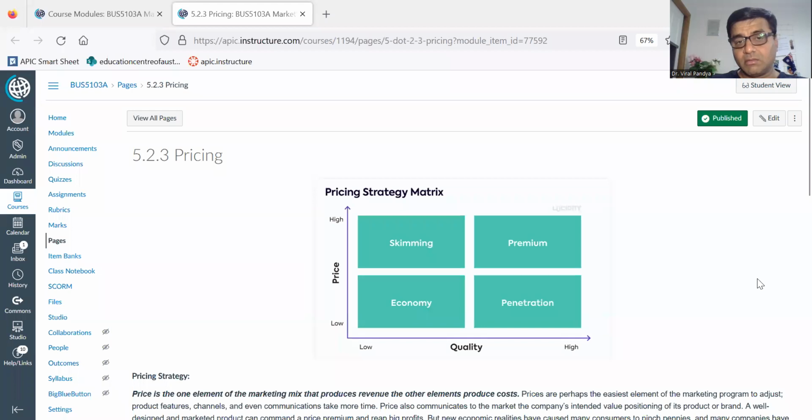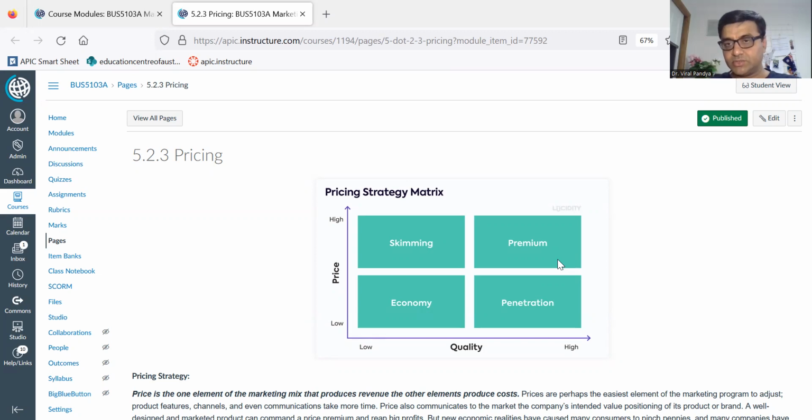Now, the very first important concept for understanding pricing strategy, as we are understanding marketing mix strategies, is: what could be the options for the pricing strategies? We can understand pricing strategy based on a given metric of quality and price, where on the y-axis we have price and on the x-axis we have quality.